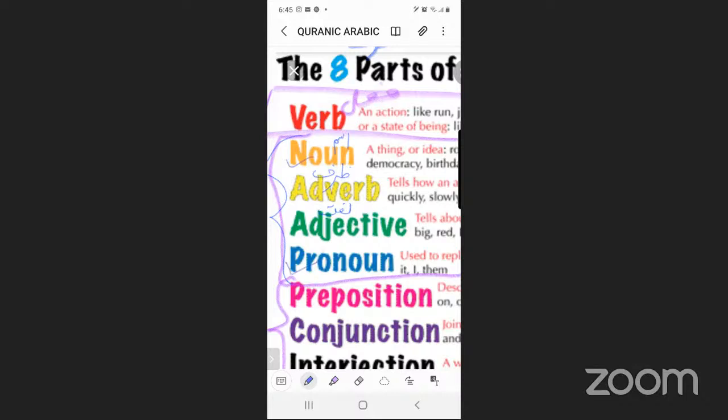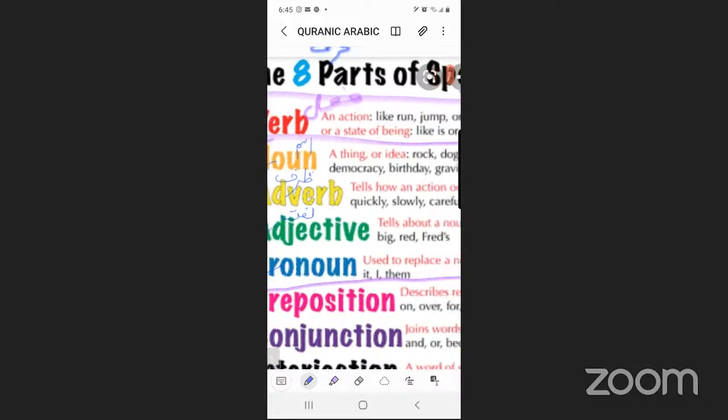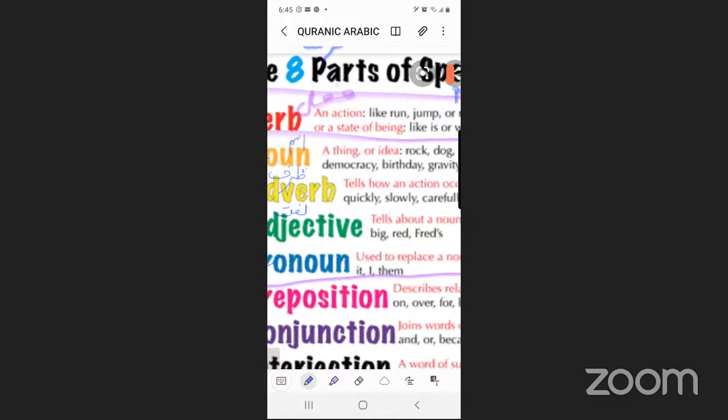Now, pronouns we've done, adjectives we've done, and zarf we will be doing inshallah. What zarf is, it tells the position, whatever the action is, if it's before or after. So we'll see how, but this is zarf.